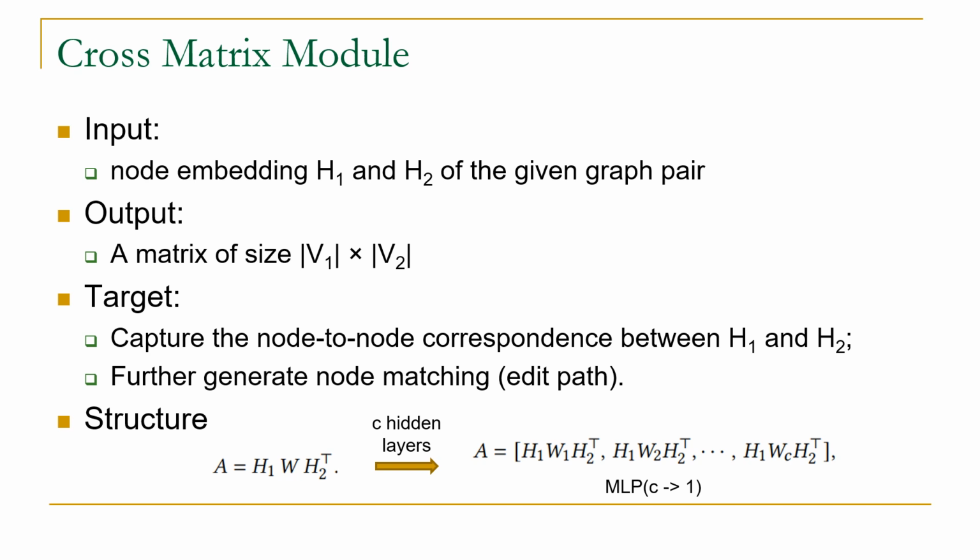Using a parameter matrix of size D square, we can directly connect H1 and the transpose of H2 by matrix multiplication. In practice, we simultaneously use C parameter matrices, and hence the size of the output becomes N1 times N2 times C. Then we use an MLP to remove the extra dimension, reducing its size from C to 1.